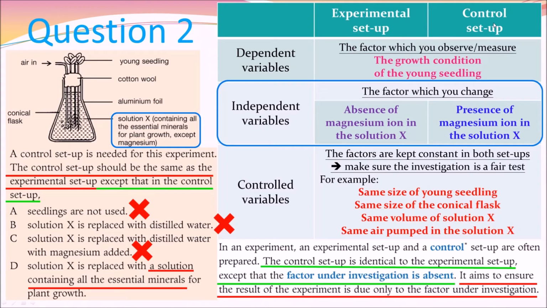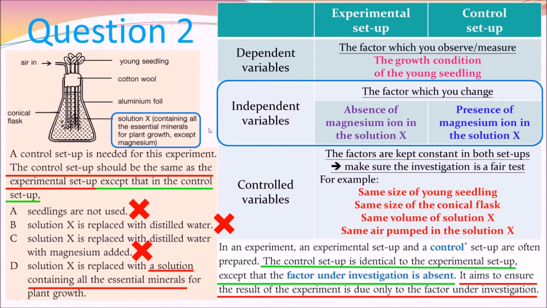So in the control setup, that means we need to put back the magnesium for the young seedling, and also all the other minerals. That means it's a very complete, very perfect solution for the plants to grow. So that's why we can compare.